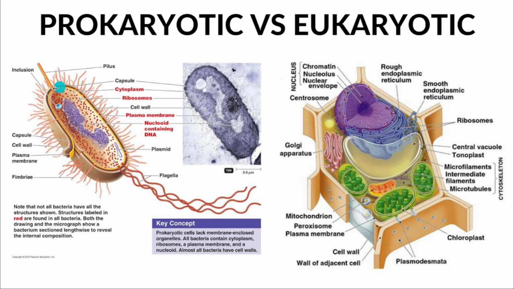And another one is all prokaryotic cells contain a cell wall. Different to eukaryotic. In eukaryotic, only plant cells have a cell wall, plant cells and fungi. Animal cells do not contain a cell wall. But although they contain a cell wall, the component is different. So this is the general difference between prokaryotic and eukaryotic based on the diagram.